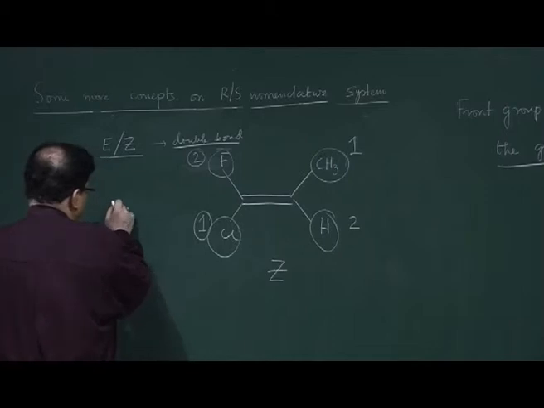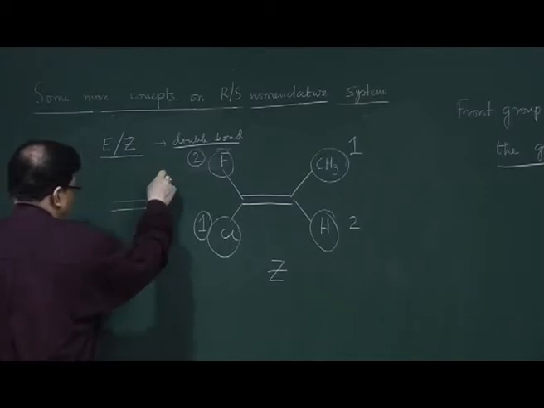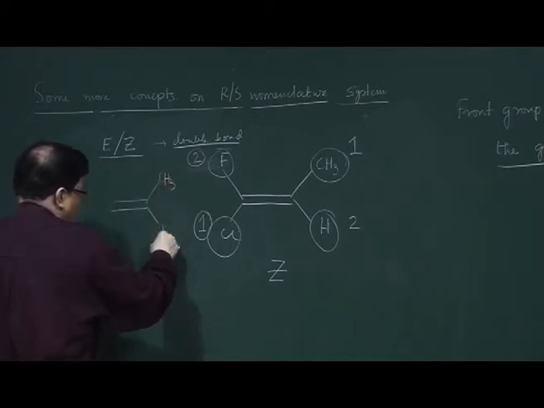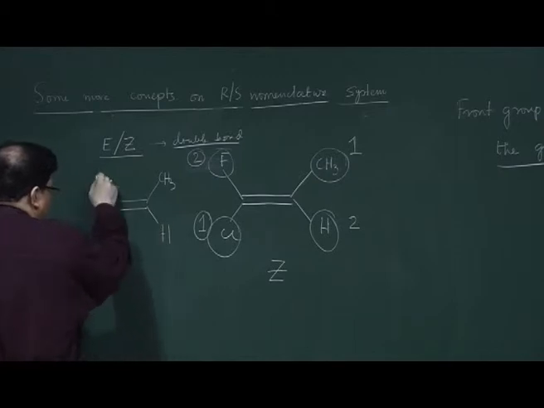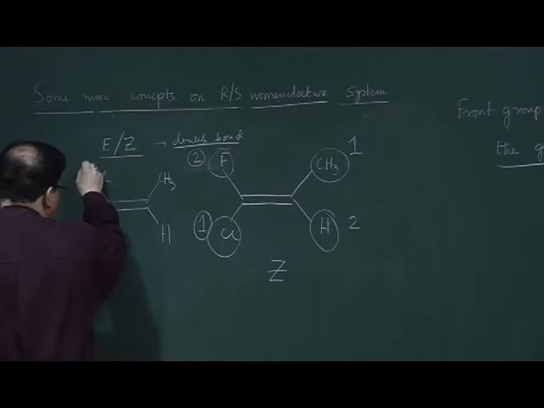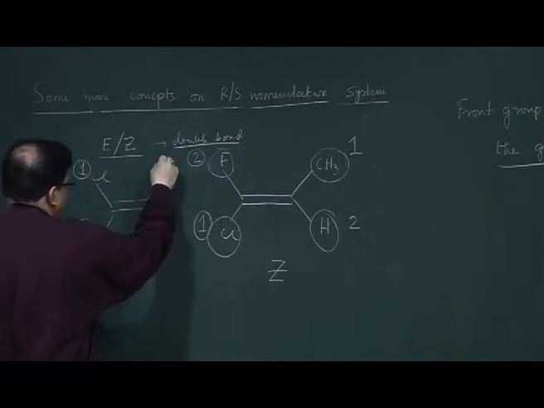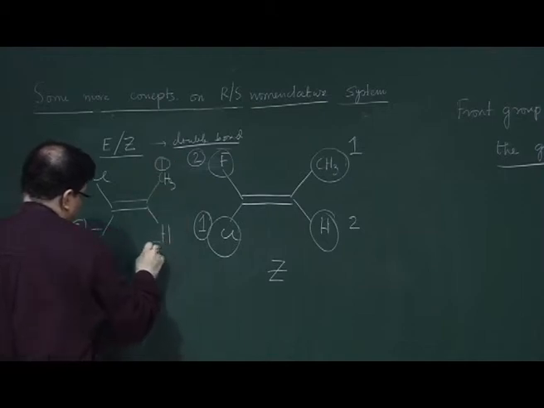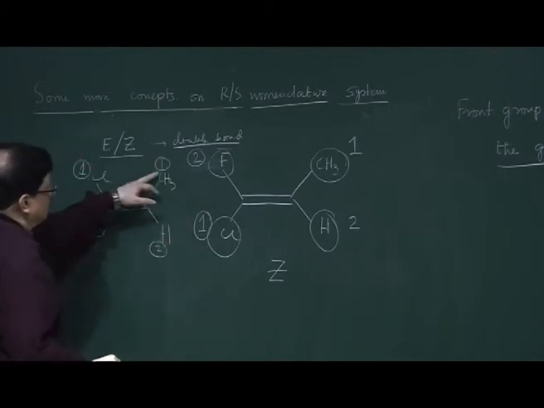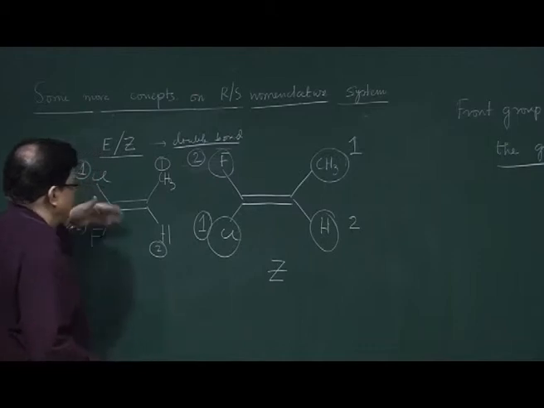And the other molecule, that means if you have methyl here, hydrogen there, and chlorine here, fluorine there. So, here now this is 1, this is 2, this is 1 and that is 2. Now, the top priority groups are on the same side.